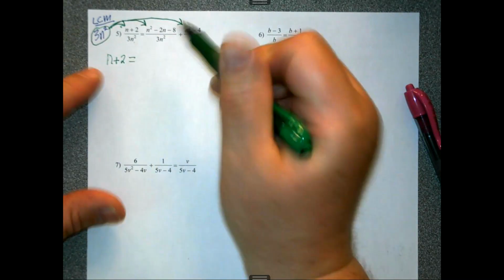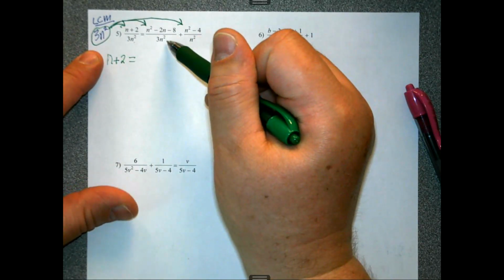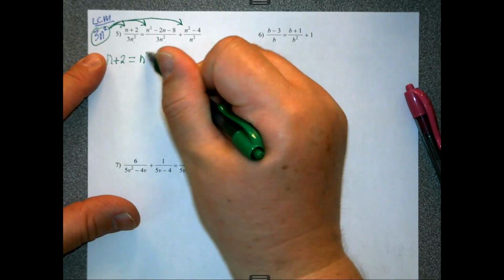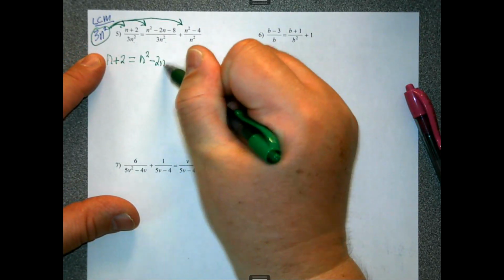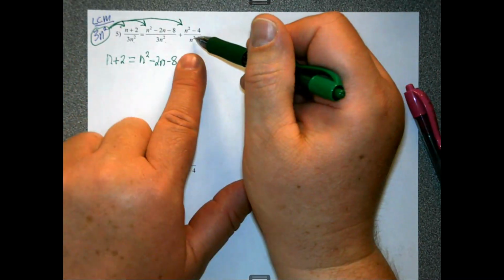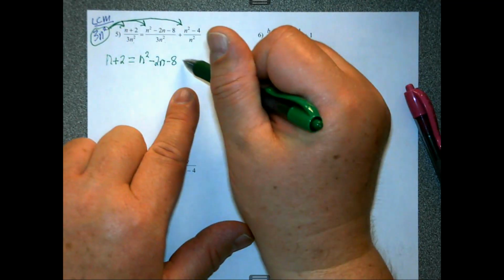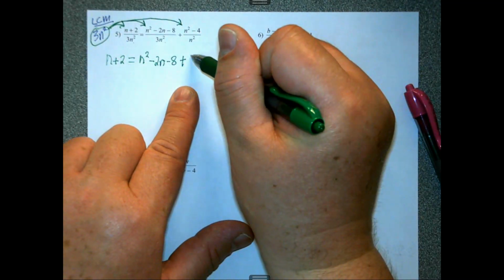Equals, again, the same thing for the second fraction, right? They cancel out. So I'm just going to bring down my n squared minus 2n minus 8. And then the third fraction, well, the n squares canceled out. So I am going to have to multiply it by 3.